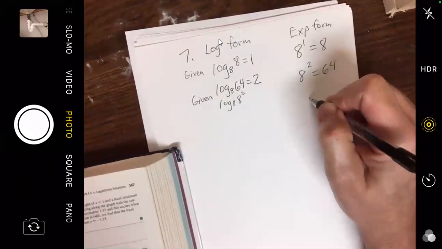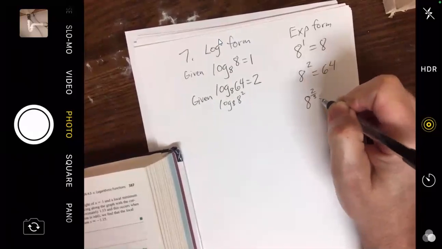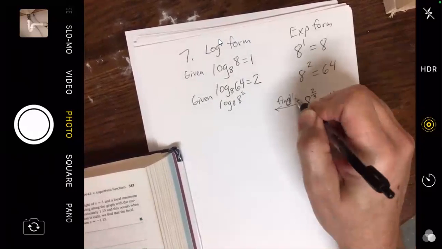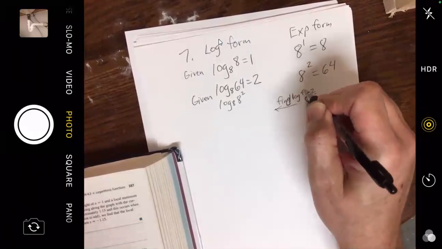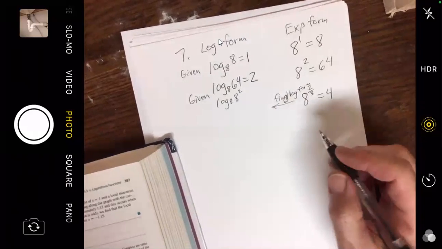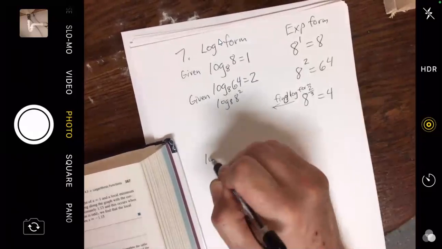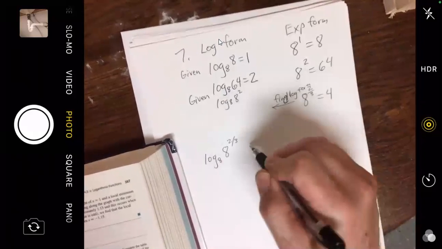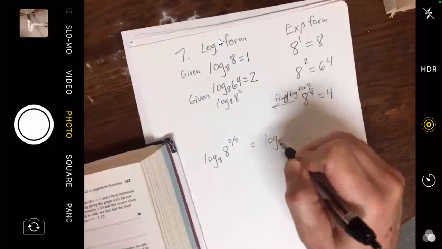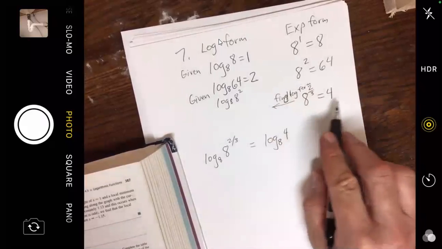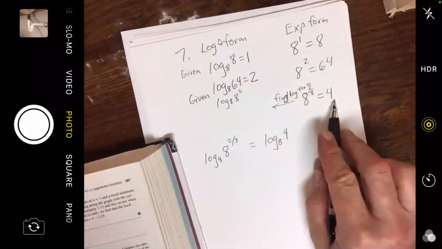Over on the next row, you have 8 to a 2/3 power is equal to 4. They want you to find the log form. Well, again, you would undo: log base 8 of 8 to the 2/3 is equal to log base 8 of 4. Taking the log base 8 of this side and the log base 8 of this side.